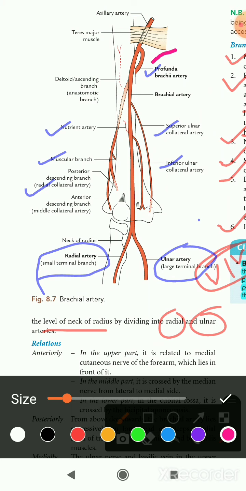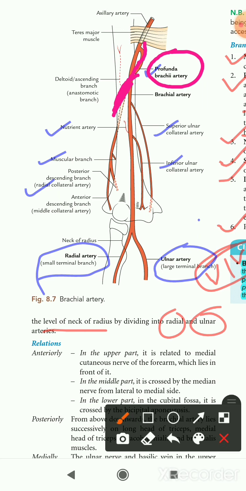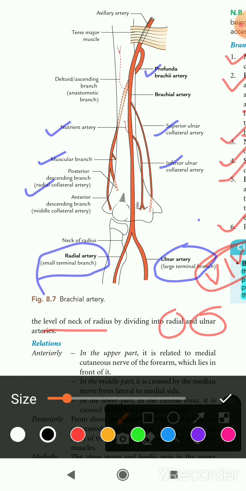So look at that, the branches of the brachial artery. First is the arteria profunda brachii. Look at that, it is passing posteriorly, that means through the radial groove of the humerus. Okay, so this is the arteria profunda brachii. Then this is the ulnar side and this is the radial side.